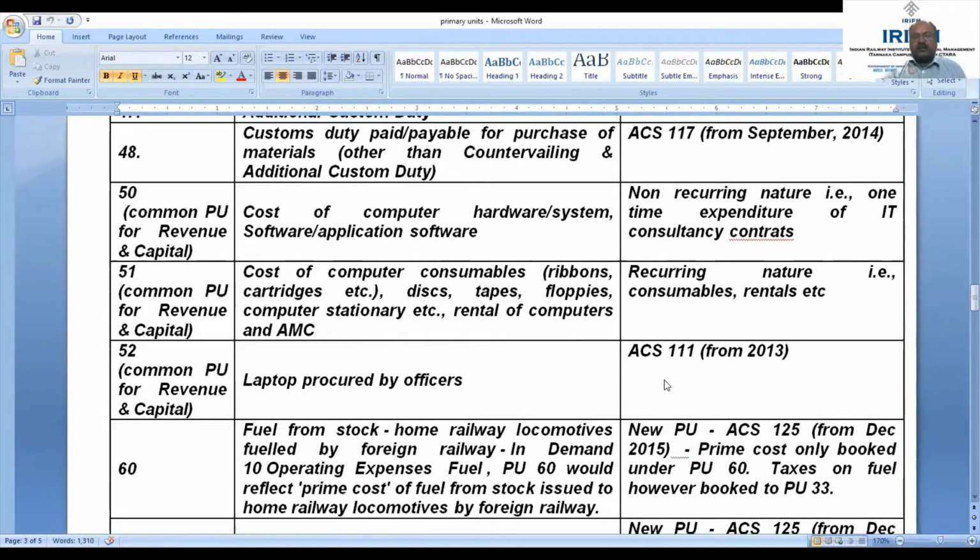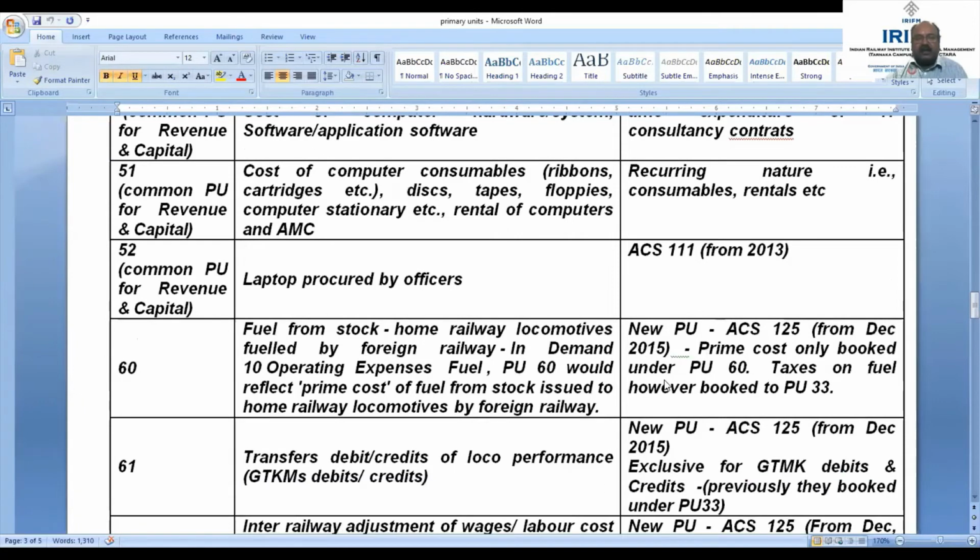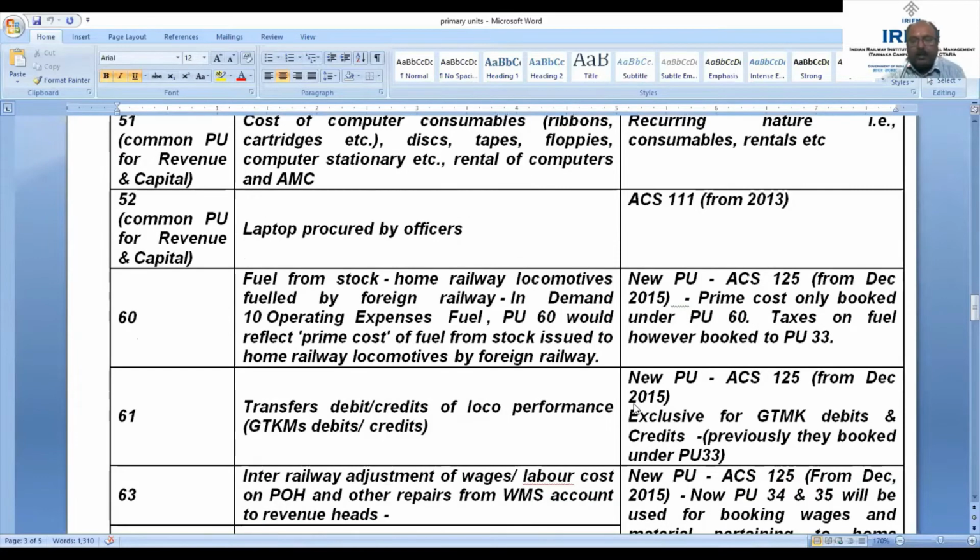52 was introduced in 2013. This is also a common primary unit for revenue and capital. That is, laptops procured by officers are charged to PU 52. And PU 60 is the fuel from stock.